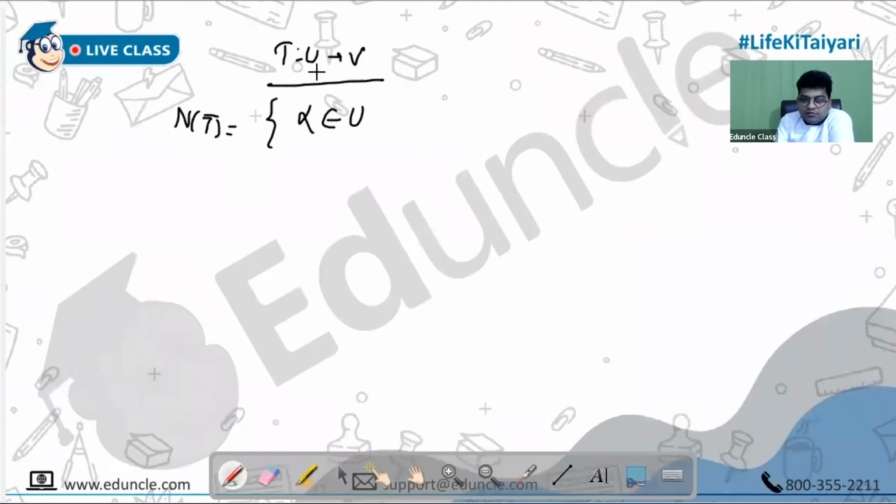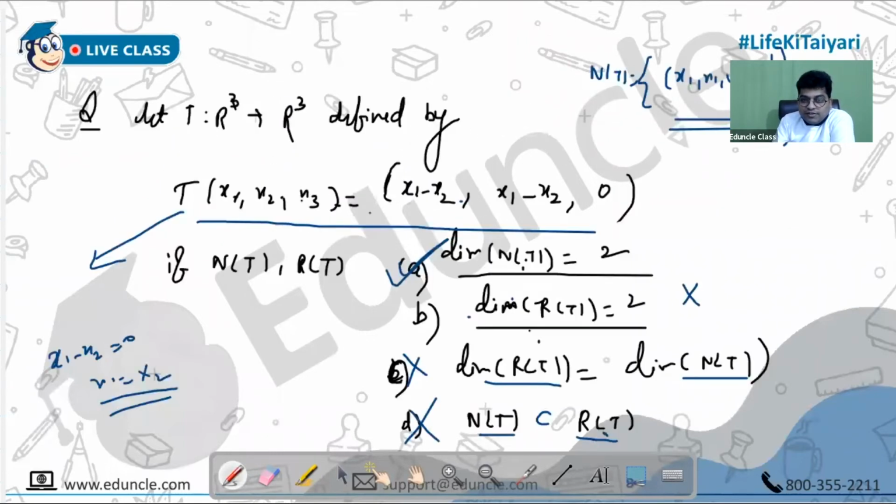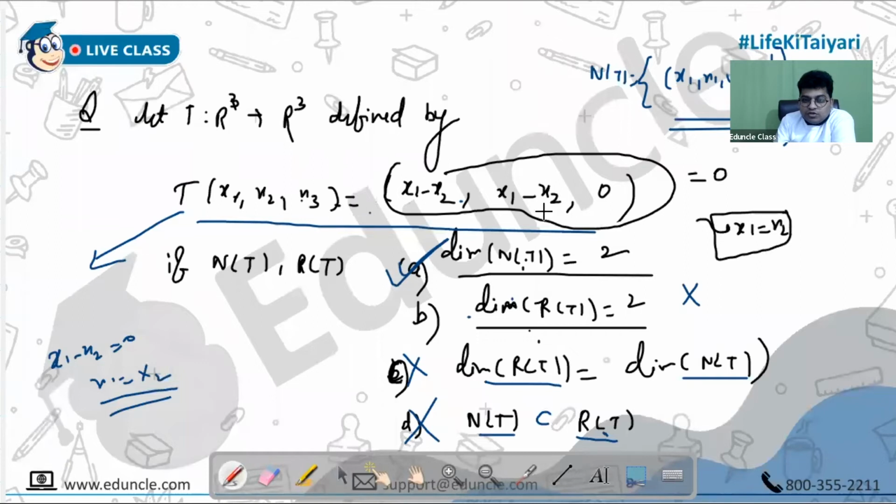Null space of T is nothing but all alpha such that T alpha is 0. So you can find out the null space here. T alpha is 0, and you put down that 0. So you will have only one condition: x1 is equal to x2. So the null space is all those x1, x2, x3 such that x1 equals x2. So you will have x1, x1, x3.